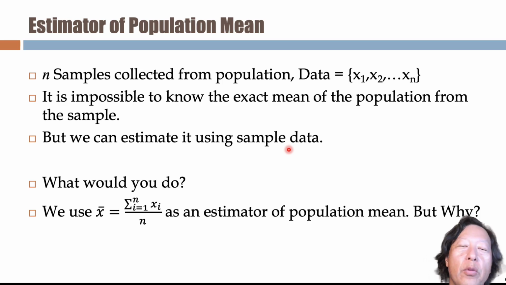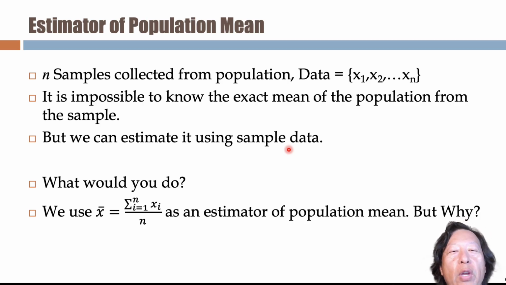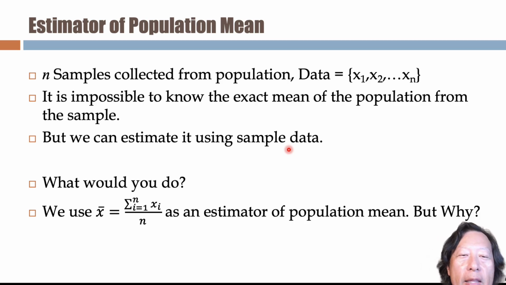So, the estimator of the population mean. Here the mean is just an example, but how can we estimate our population mean using data? Suppose we collect n samples from the population.